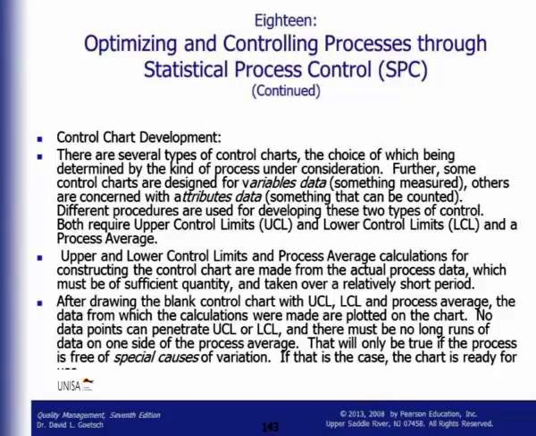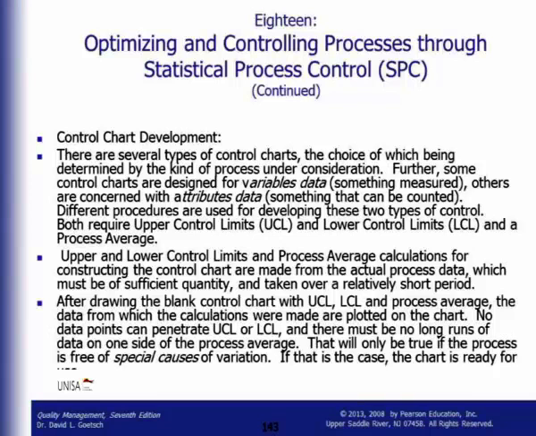Both require upper control limits and lower control limits and a process average. Upper and lower control limits and process average calculations for constructing the control chart are made from the actual process data, which must be of sufficient quantity and taken over a relatively short period.